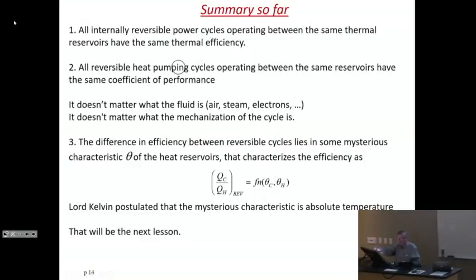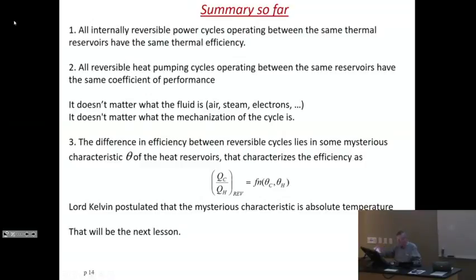All reversible heat pumping cycles operating between two identical reservoirs have the same maximum coefficient of performance. So magically, it's only the reservoirs that matter. It doesn't matter what the fluid is, air, steam, electrons. Doesn't matter what the mechanization is. All that matters is the reservoirs.